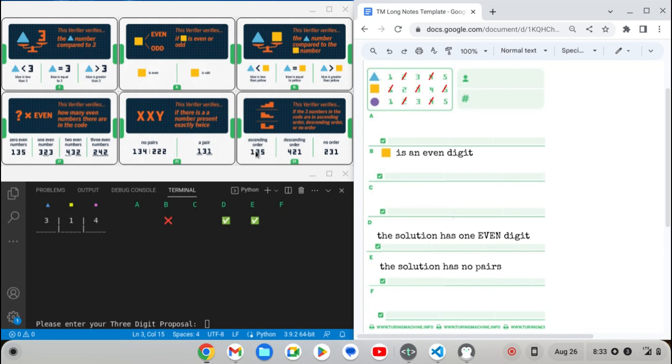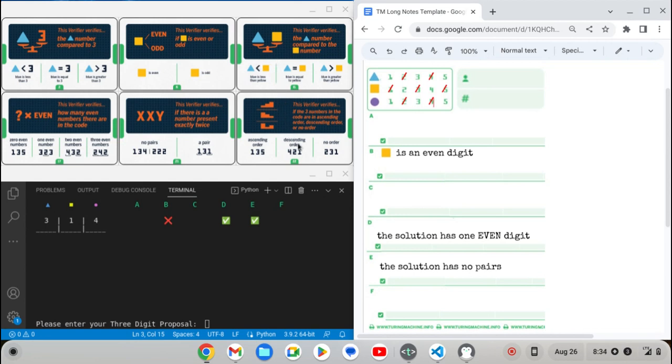If it was an ascending solution, that would automatically mean that triangle is less than square, and that would make this card irrelevant.